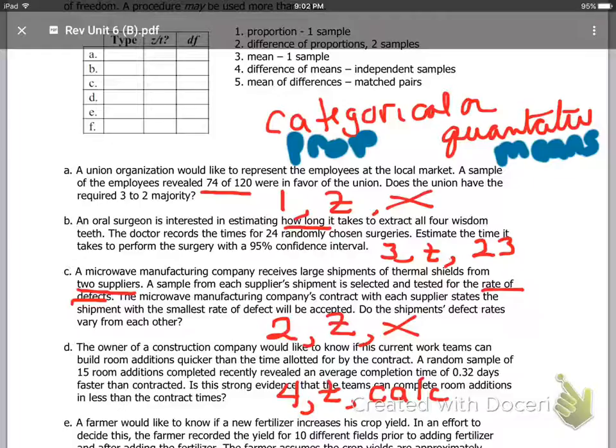Because it's before and after, it is a matched pair, so it's going to be a T, and it's going to be n minus 1. So this is 10 minus 1, my degrees of freedom is going to be 9. Okay, I'm going to do F up here, and I'm reading it from another sheet of paper, so just follow along.